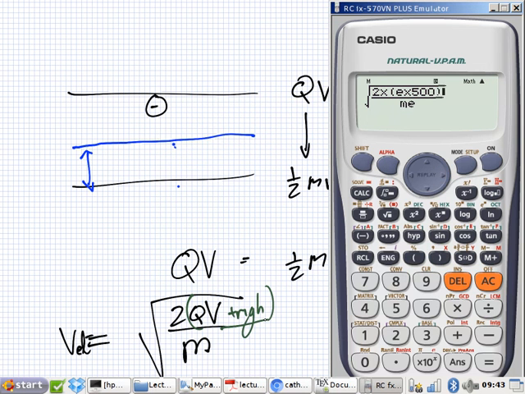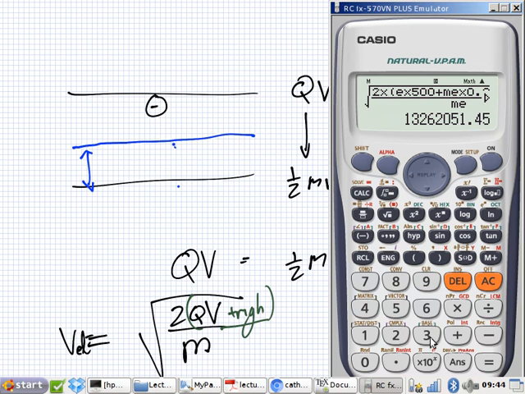They are acting in the same direction. Yeah. Oh, okay. Plus gh.